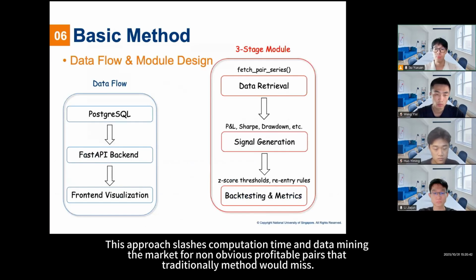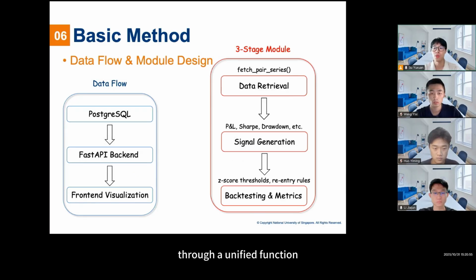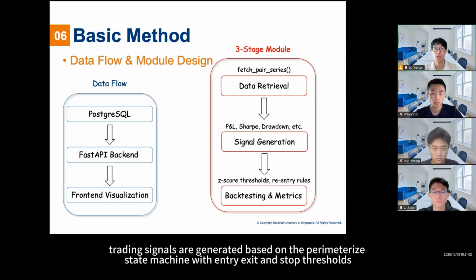From an implementation perspective, our backend executes this strategy on real price data stored in PostgreSQL. We retrieve pair-level price series through a unified function, ensuring consistent preprocessing across all strategies.